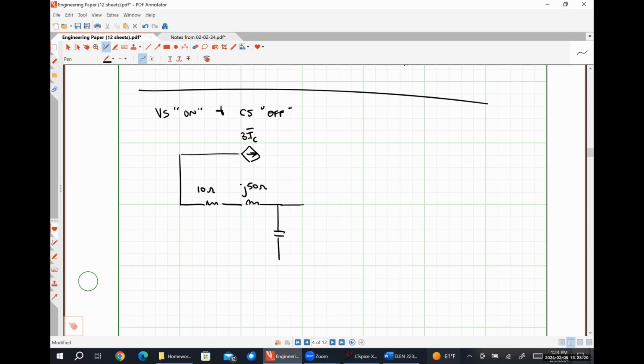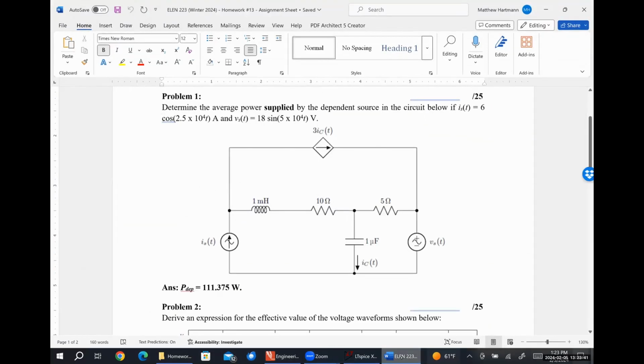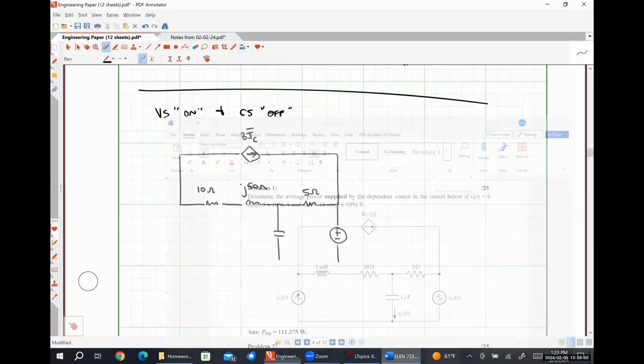I'll figure that out in a moment. VS is going to look like 18 angle 0. Nope, 18 angle negative 90, excuse me.